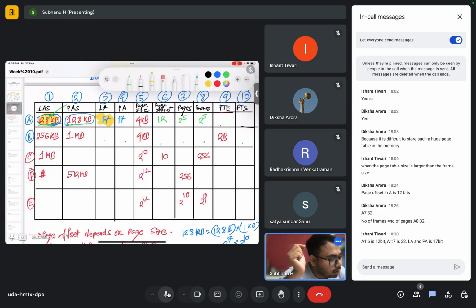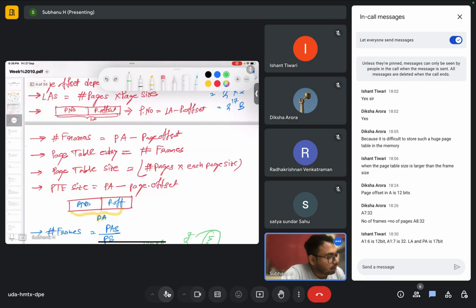Number of frames is equal to physical address space by page size, and number of pages is equal to logical address space by page size, right? This is how we will calculate all the other details which are unpresent here.